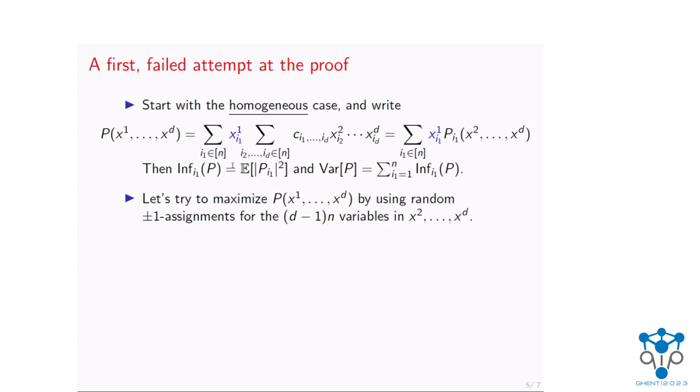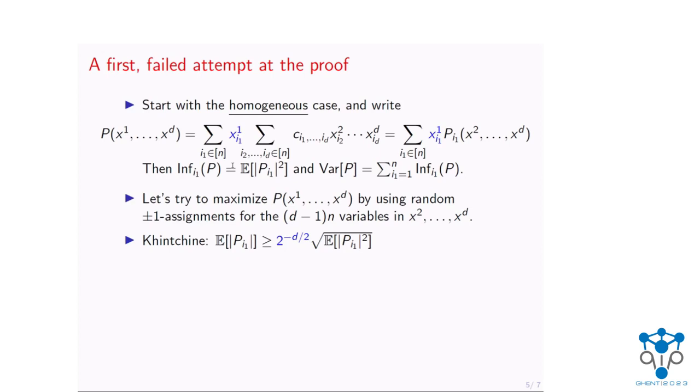So there's this thing called the multivariate Khintchine inequality. It says the following: the expected value of the absolute value of this polynomial, if you stick in random pluses and minuses for its variables, is at least something like 2 to the minus d, in fact 2 to the minus d over 2, times the square root of the expected square. This is a multivariate generalization of the Khintchine inequality, and it says that in absolute value this thing is not too small.